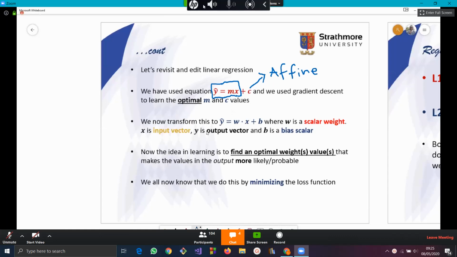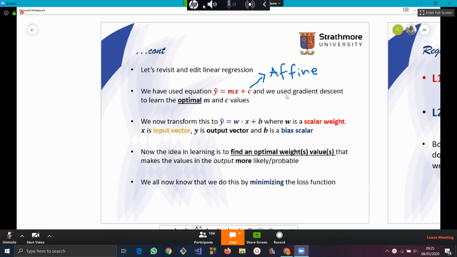But for now, the line equation is y = mx + c. Notice that we were calculating y hat using that. So actually we'll just say y hat = mx + c. That's how we were calculating y hat. Y hat is the predicted. Fine.